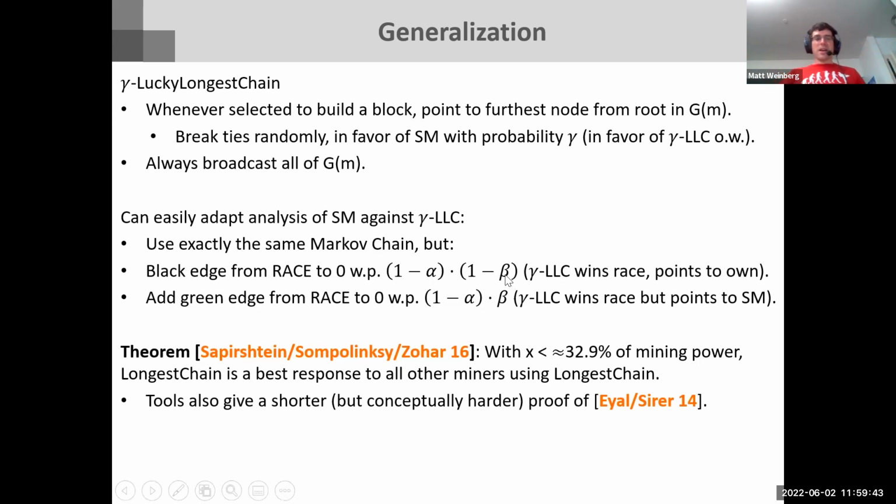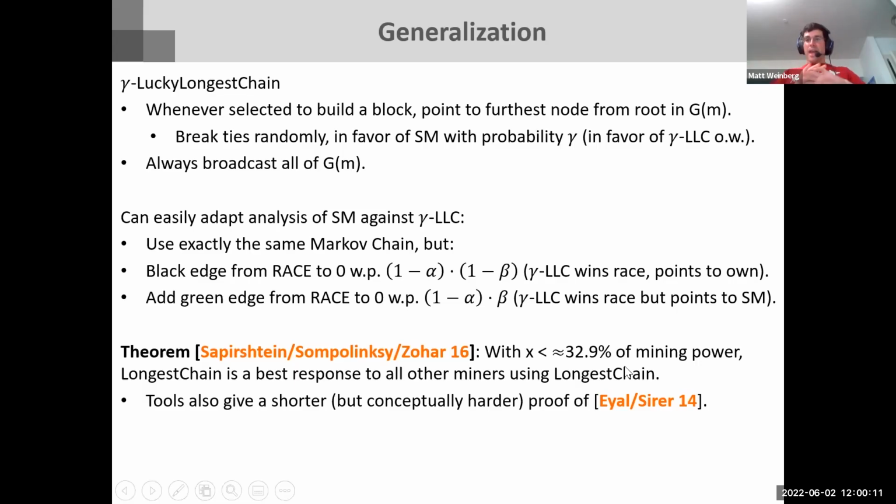There are other formulas that I'm not going to get into. And then maybe the very last thing I will state is that there was follow-up work that I was going to discuss, but I'm not going to, that shows that you can do a little bit better. This selfish mining is not the best thing you can do. And the best thing you can do is not that much better.